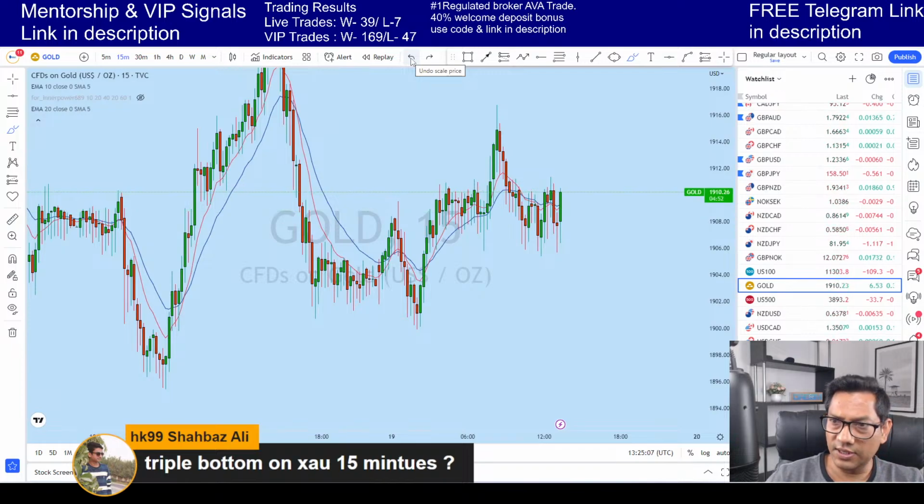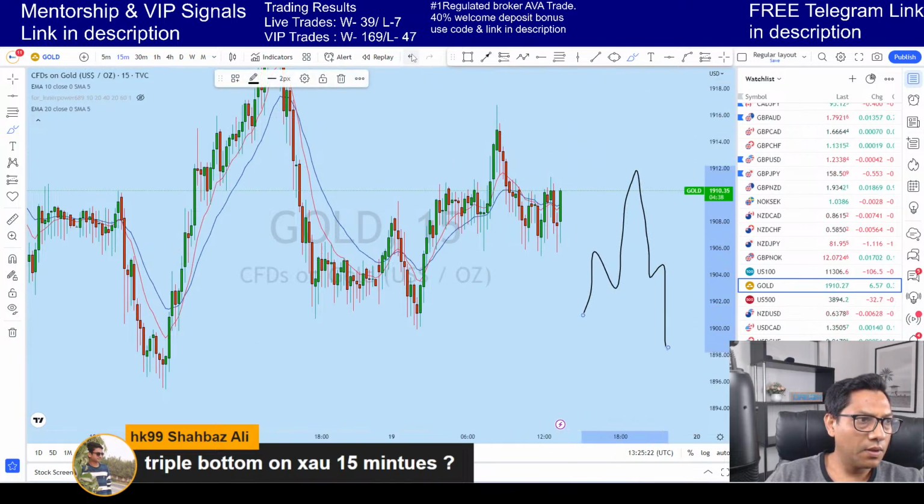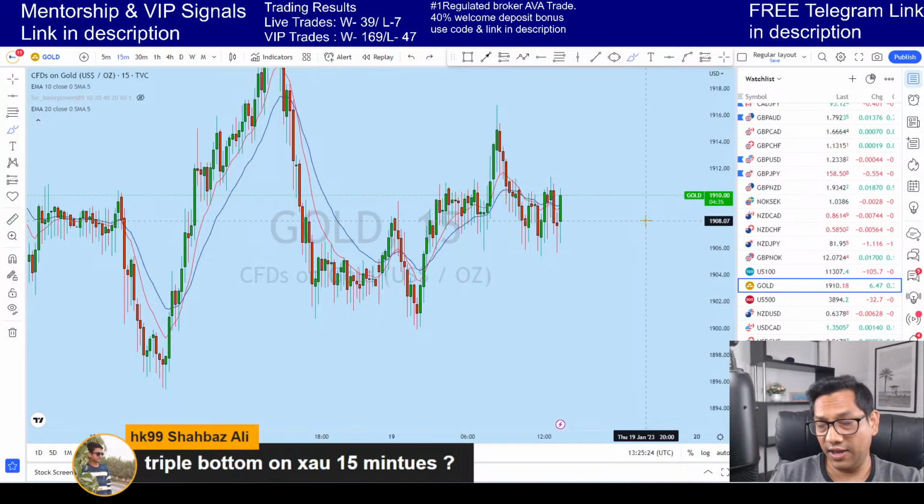You see that? So basically it depends on which way you are looking at. See, there is an important thing that I need to mention: looking at a double top, double bottom, or a head and shoulder will not carry any value unless you see that in an important area.